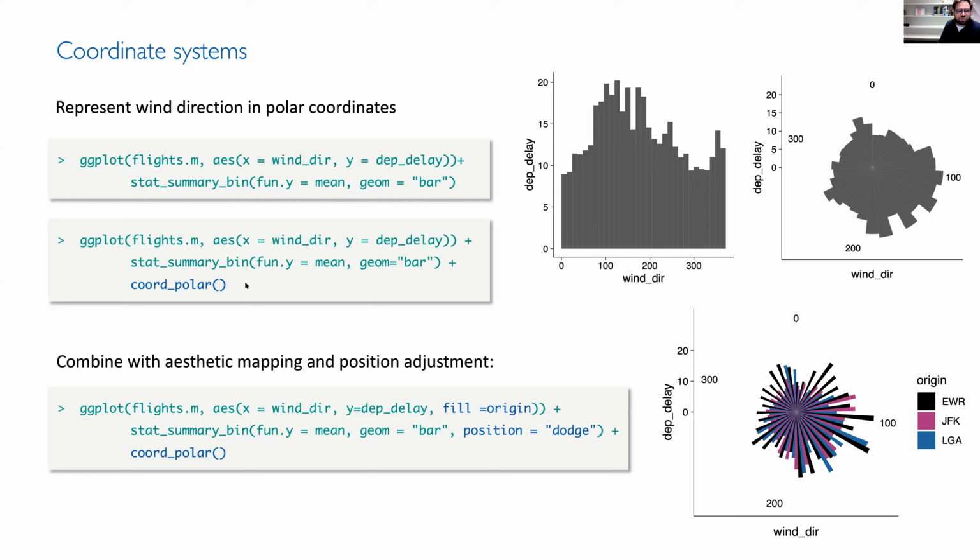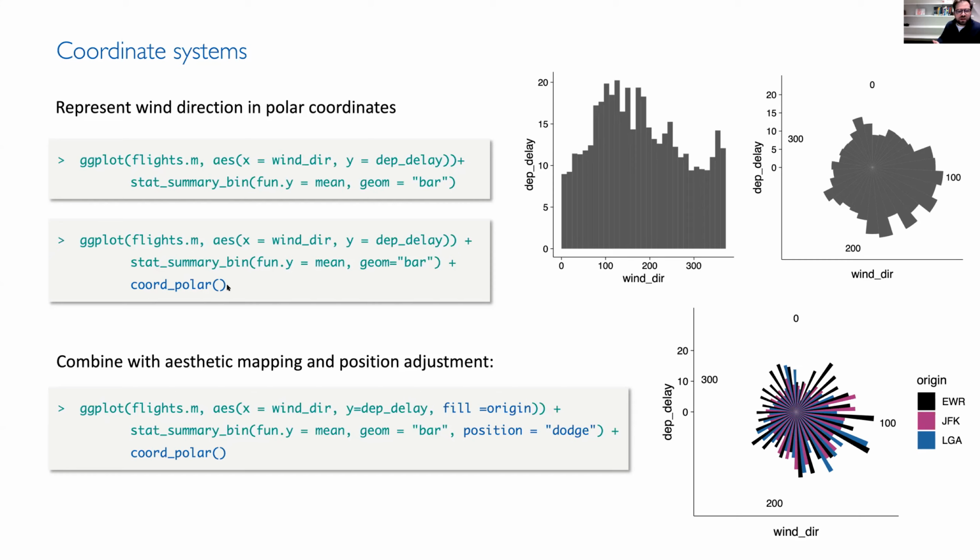Yeah, and we can then plot that in different ways. We can plot that, of course, in Cartesian coordinates. But something that's more instructive, when we talk about directions, is to use polar coordinates. Yeah, and you can see that I do that just by adding one more rule to the plot.